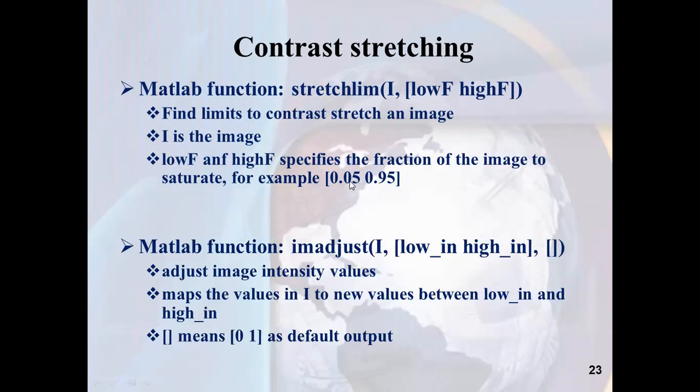So when I give 0.05 0.95, it means that I ask this function to give me the value of minimum, which is at the 5% of the data, and to give me the higher value, which is at the 95% of the data. And after that, we apply imadjust. We adjust I to the new low and high, and we adjust the intensity of the image, and we map again the values of the image from min max to 0 to 255.